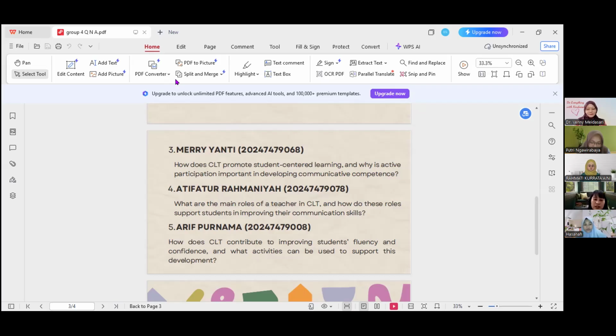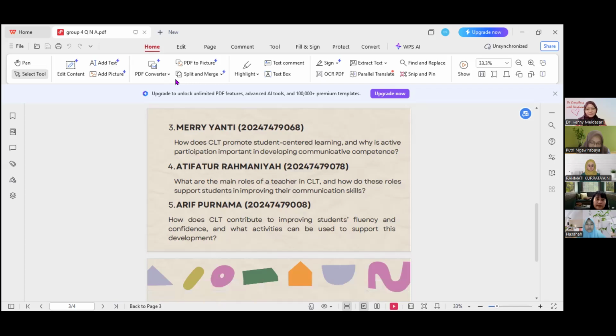Next, question number 5 will be answered by Miss Ayu. Okay, I will try to answer the question from Mr. Arif. How does CLT contribute to improving students' fluency and confidence, and what activities can be used to support these developments?